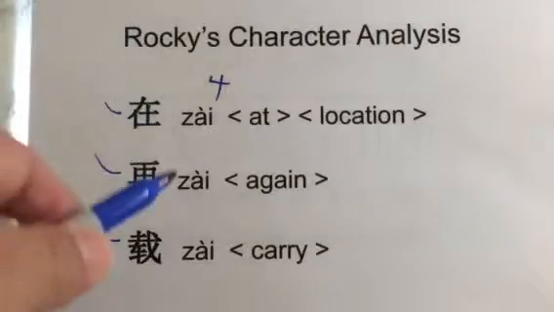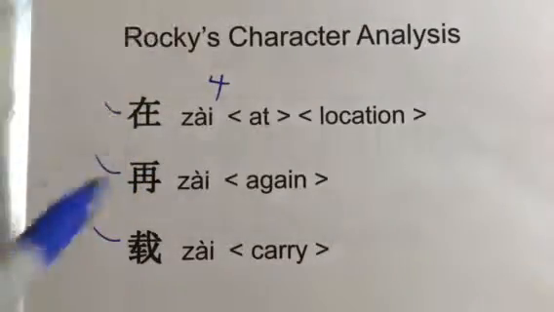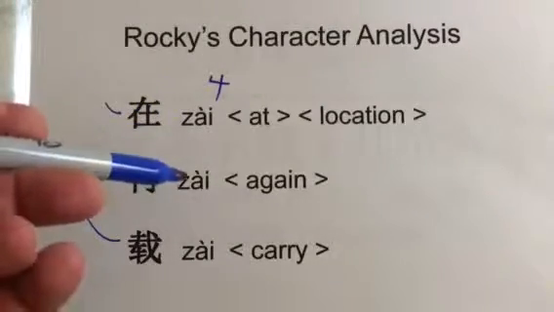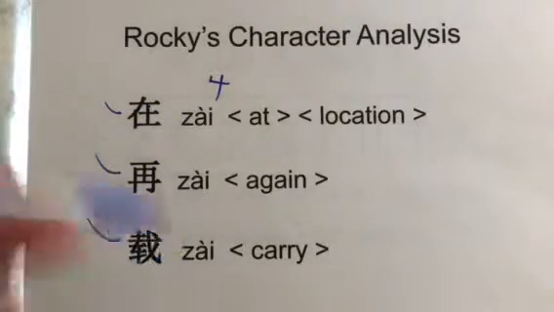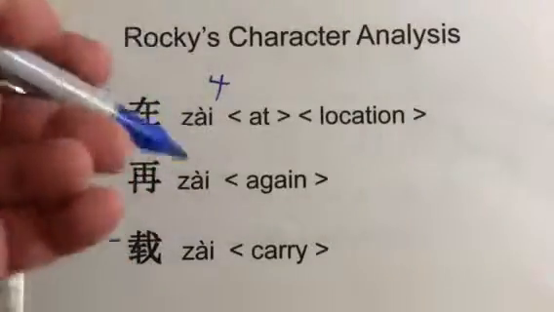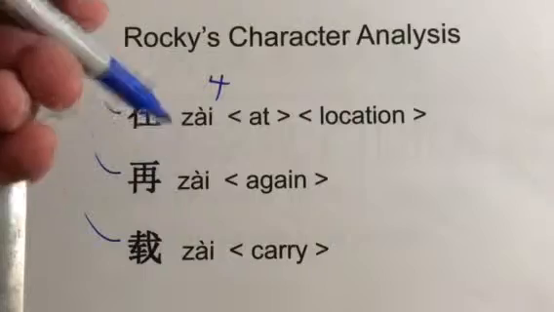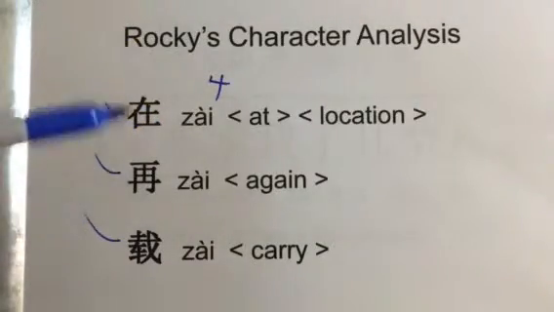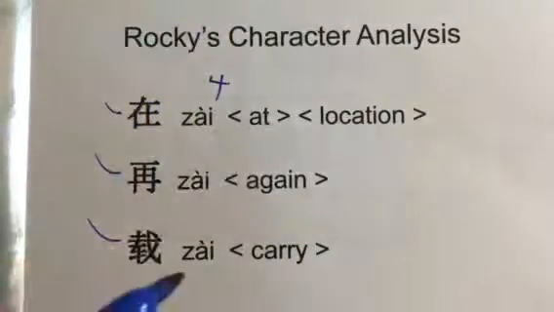And the reason I picked them out is because when you're listening and speaking, if you notice, this character is pronounced zai, and this character is pronounced zai. The next one is pronounced zai. So they all sound the same. They're all written the same in pinyin at least. But as you can see, they are actually not the same characters, and they mean so much more different.